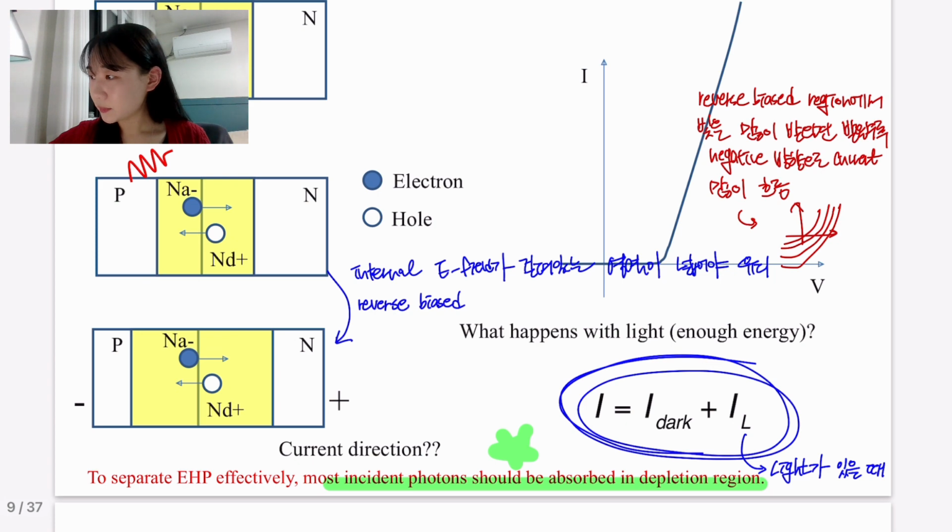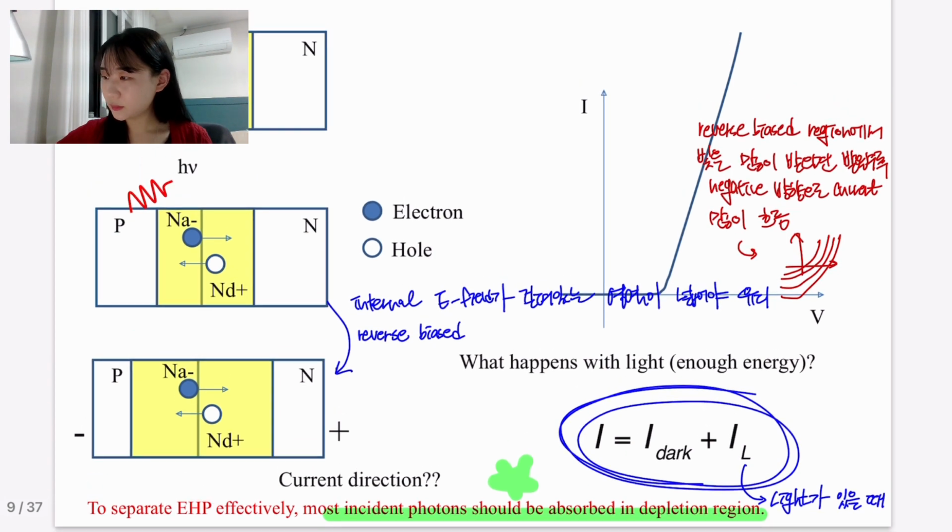And then, it is more efficient if the region that has an electric field is bigger. So we have to give reverse bias to the material.